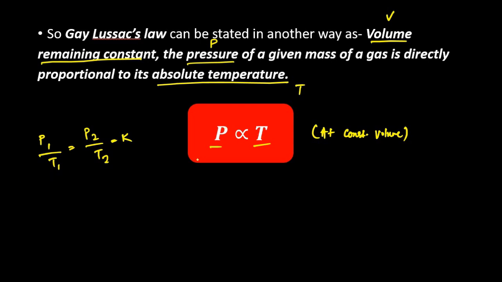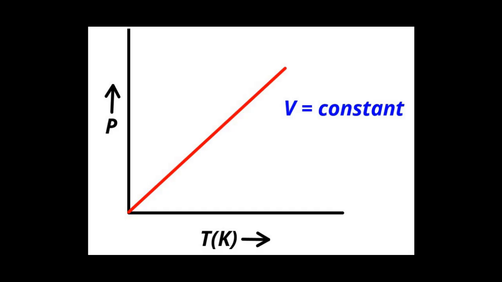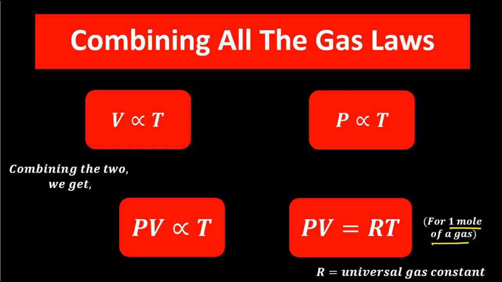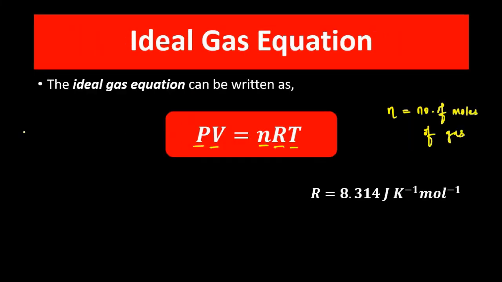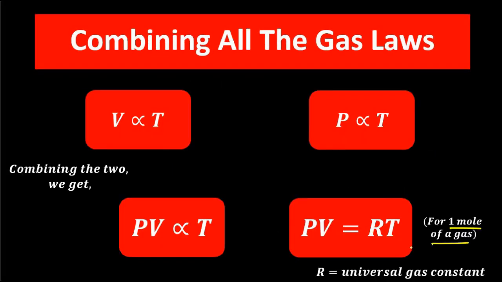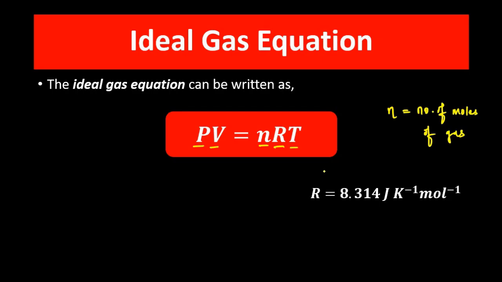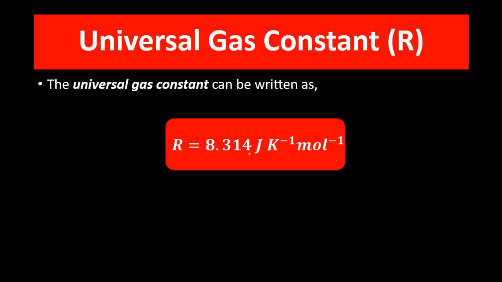Then we combined all of them to get the ideal gas equation, that is PV is equal to RT for 1 mole of gas, or PV is equal to nRT for n moles of gas, with the universal gas constant value equal to this much. So this is all about the gas laws and the ideal gas equation.